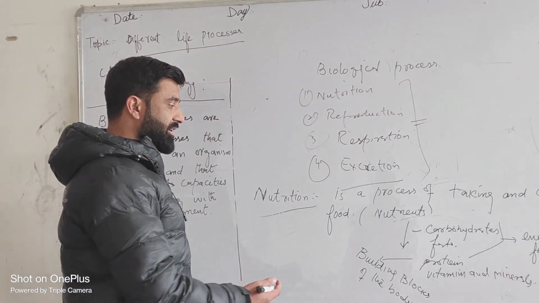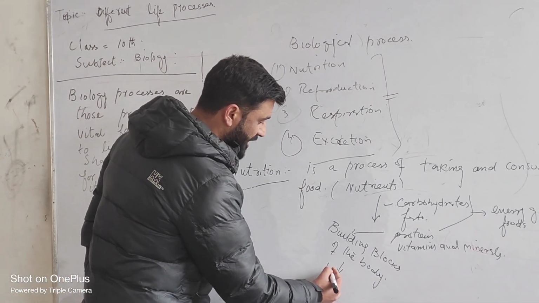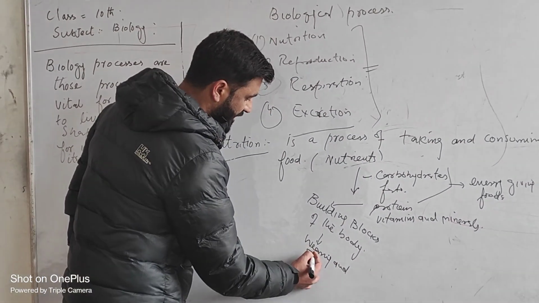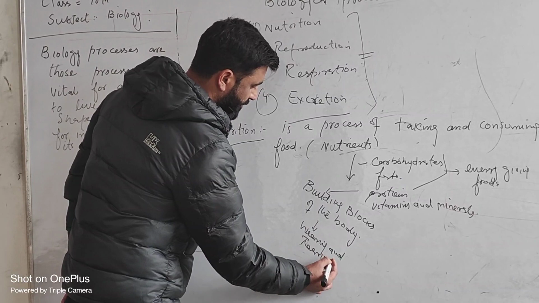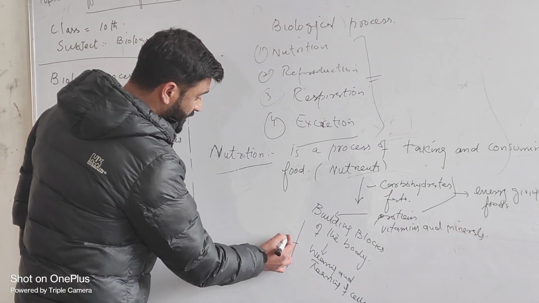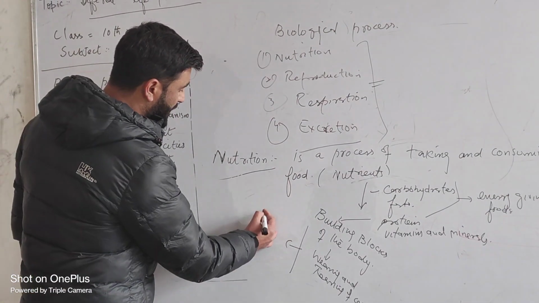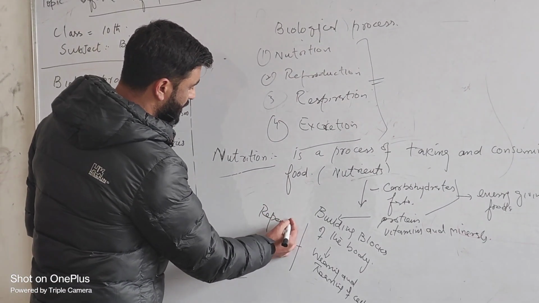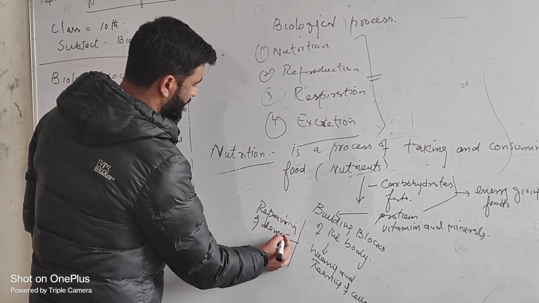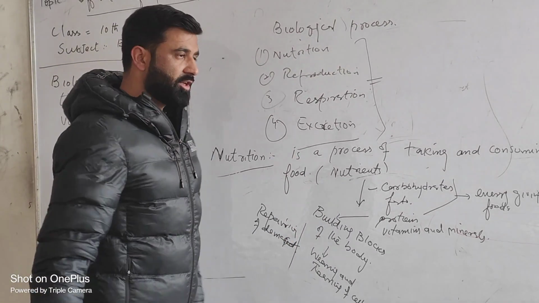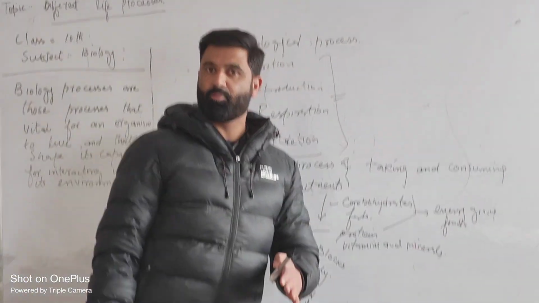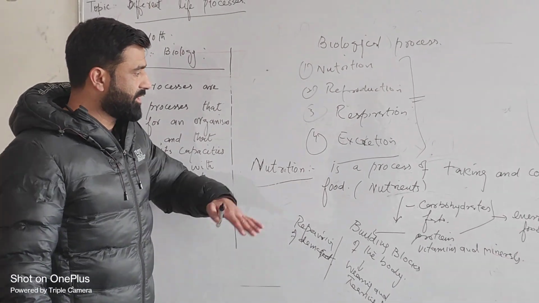They help in the wear and tear of cells, and they also help in repair of damaged cells. So all these nutrients, this food, is very important for the different life processes.